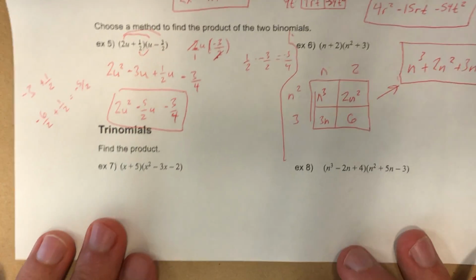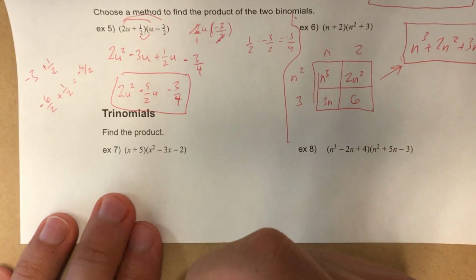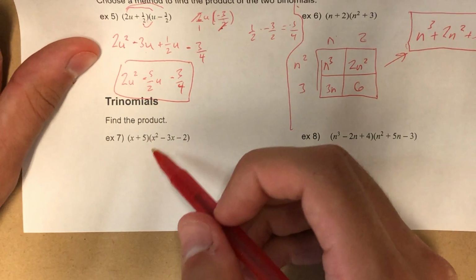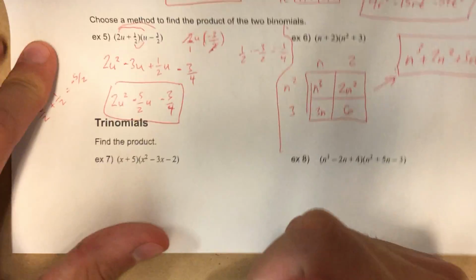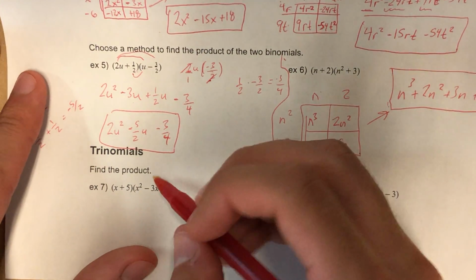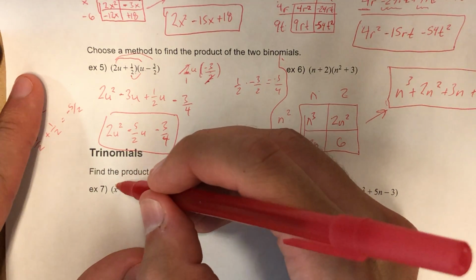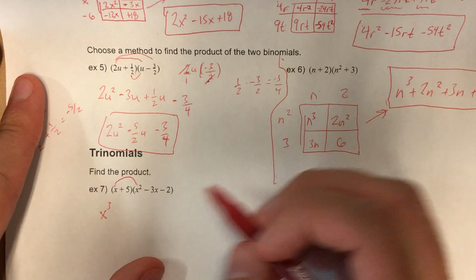Okay. On to the last two, trinomials. So, technically, you cannot FOIL these because it's not a binomial times a binomial. So the way I would approach these with a FOIL-like method is just by taking everything from the first set, multiply it by everything from the second. So you take x and multiply it by x squared. So that gives me x cubed.